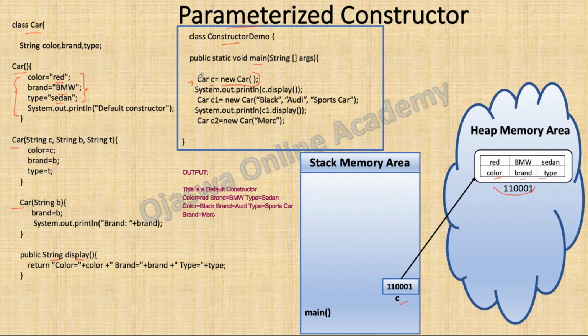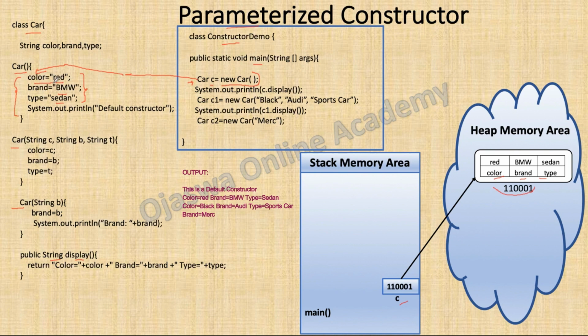So when the object is created, it gives a call to the default constructor implicitly. The interpreter will check where the code for the constructor with empty parentheses is, and the control of the program will go to this block of code over here. So values of the instance variables are initialized.